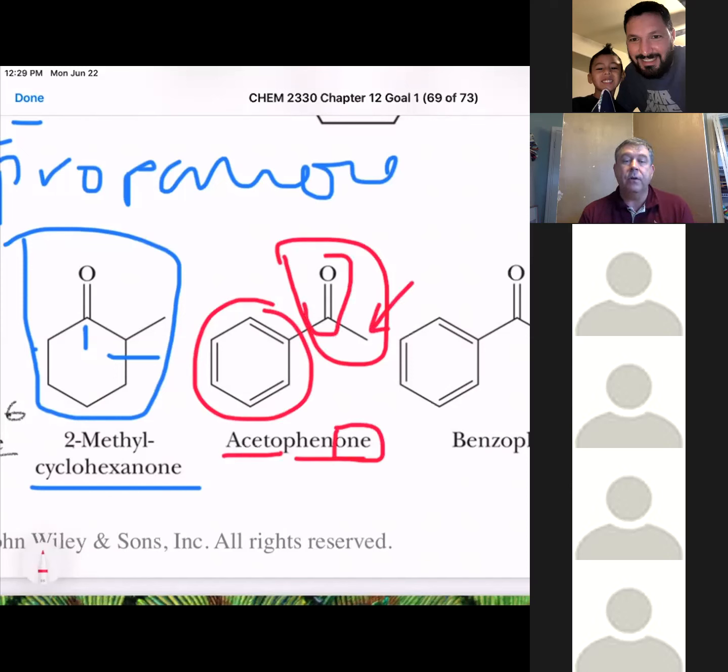So acetophenone is the common name for this. It actually has a really pleasant smell, and so we can use that. And therefore, if you had a ketone that was in between two phenyl rings, we call it benzophenone for having the benzyl groups and the ketone right here. Okay, but again, those are common names. It would be very difficult to name this with the IUPAC name, so we use the common name.